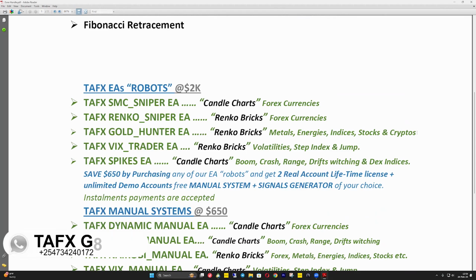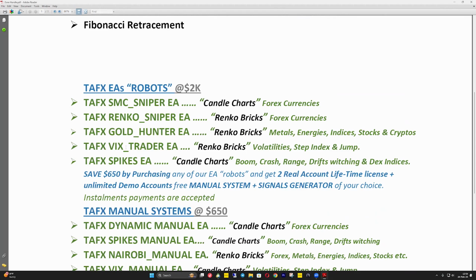All those are included in Gold Hunter. So remember, the RENKO Sniper deals with Forex currencies, but Gold Hunter does not deal with currencies. It deals with metals, energies, indices, stocks, and also cryptocurrencies. The TFX Gold Hunter will deal with that.